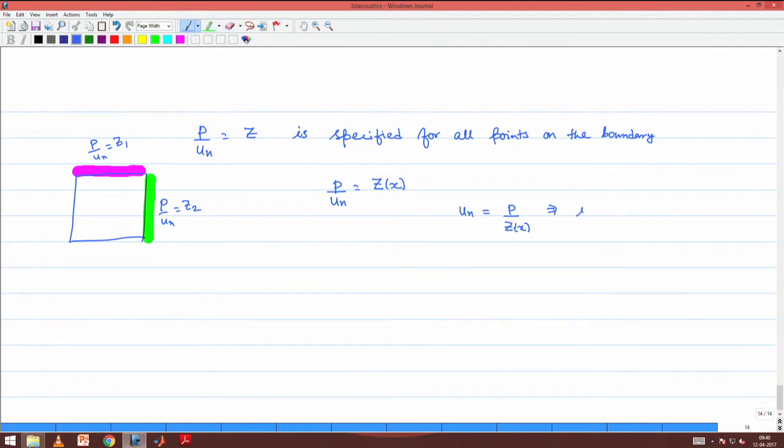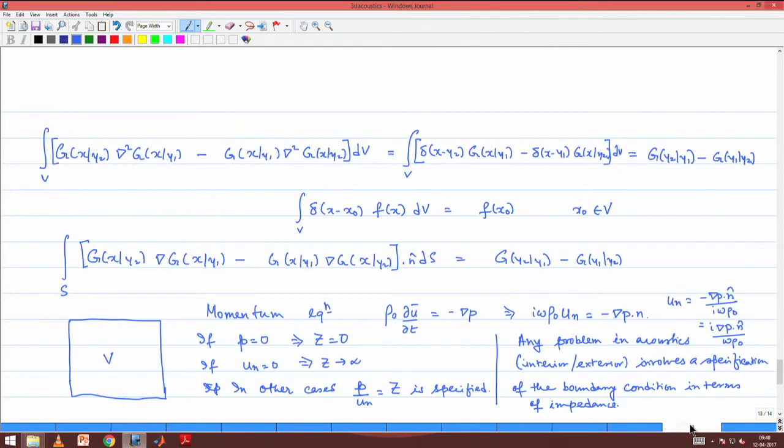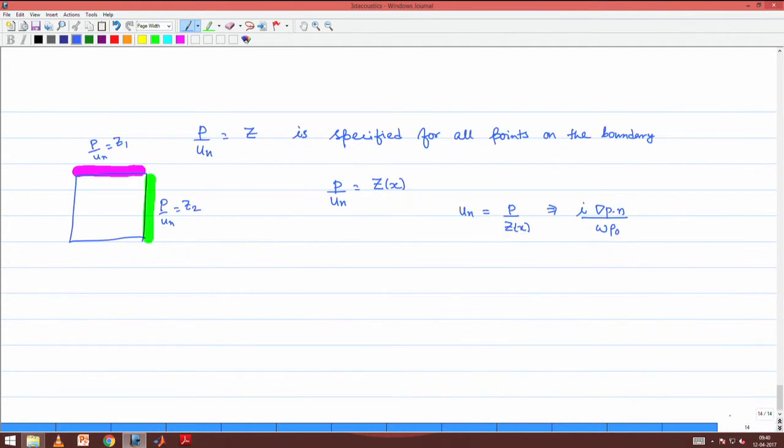So, this implies i omega i delta p dot n divided by omega rho 0 is equal to p by z x, which means gradient of p dot n is equal to omega rho 0 divided by i z x into p.